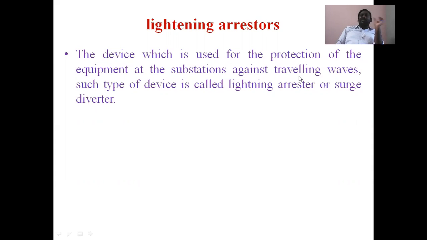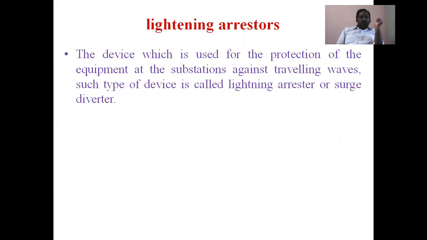Here, against traveling waves means due to lightning strokes or thunderstrokes, the produced voltage, lakhs of voltage, can travel in the form of waves. That's why it is called traveling waves, whose amplitude value is very high, either voltage or current, whenever that voltage is applied to any conductive material.